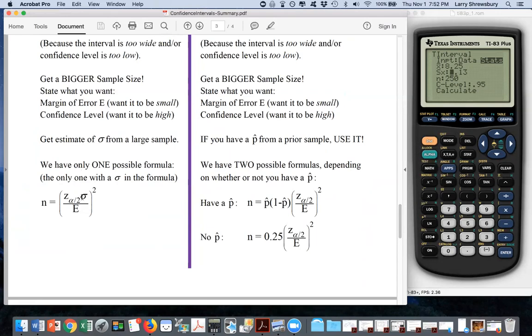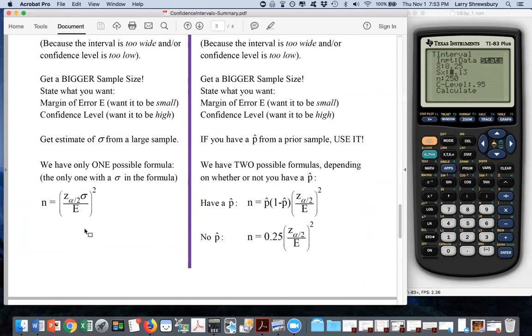Then you can use this equation to determine how large the sample size would need to be to make this happen. And then you could go out and take a sample size that large, and when you construct a confidence level this high, miraculously, your margin of error will actually be this small. And then, of course, you'll be real happy.